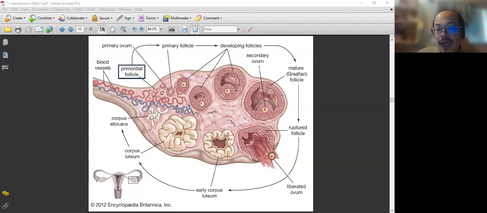Only after puberty do these follicles have the capability to produce female sex hormone, and that builds up the female sexual characteristics. So that's that.